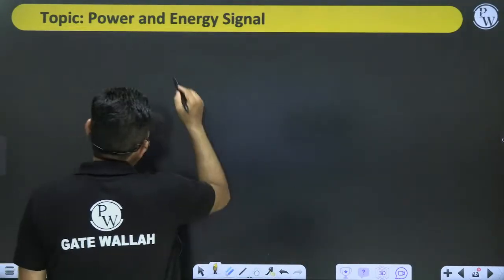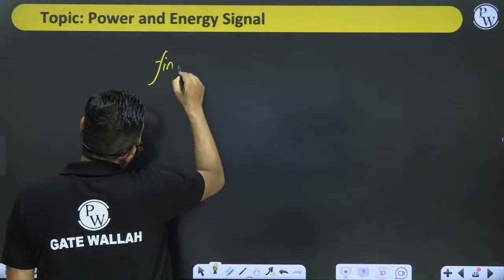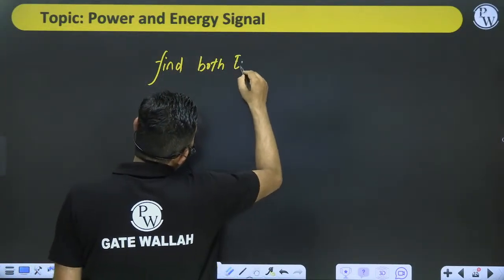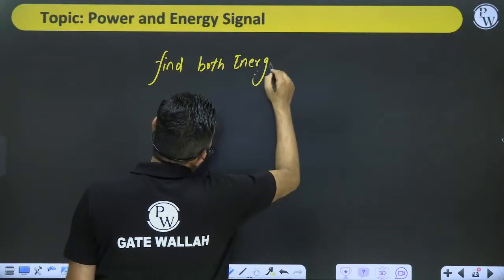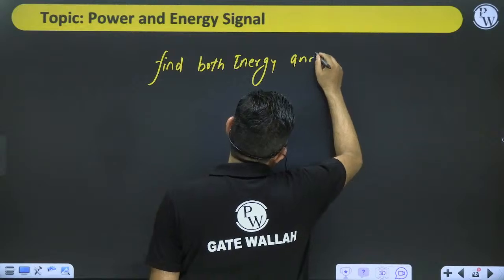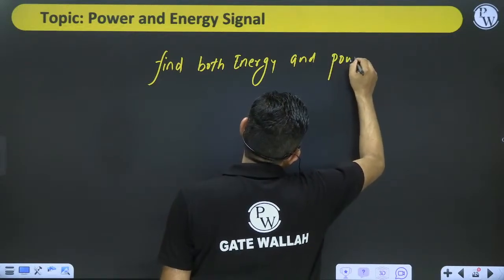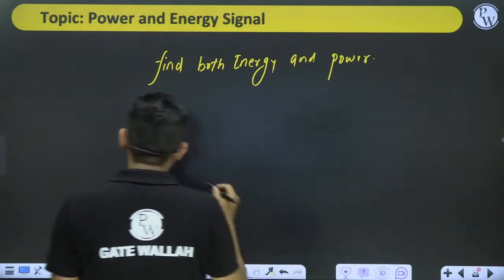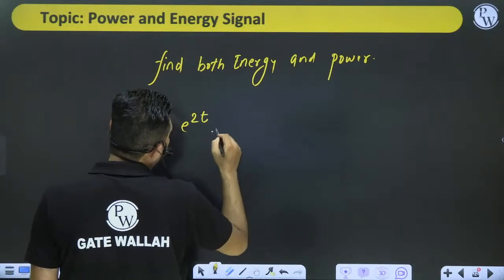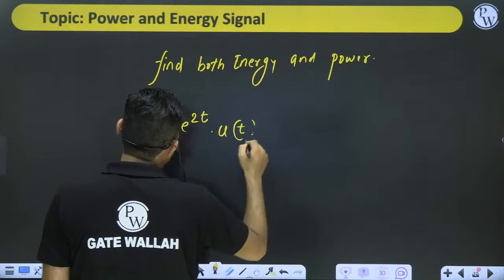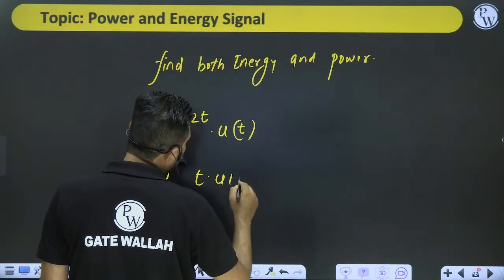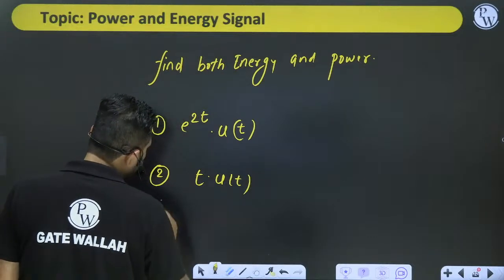And third is, find both energy and power. First is e to the power 2t u(t). Second is t u(t). Third is an even signal.